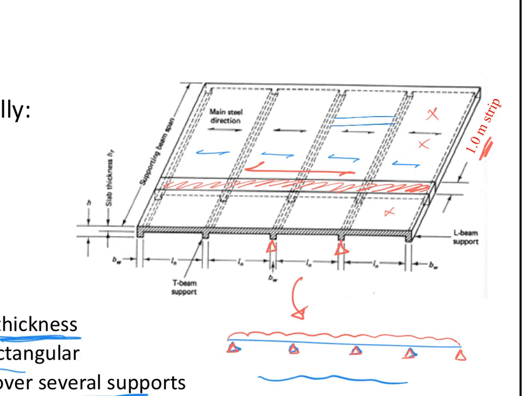My secondary reinforcement would be the reinforcement going this way. Clear? So this would be secondary, and that one here would be main reinforcement. Very simple. Where the short direction is, that is where I place my main reinforcement.